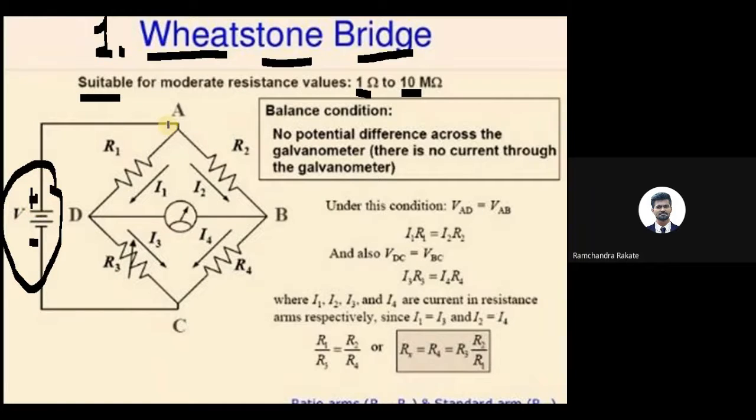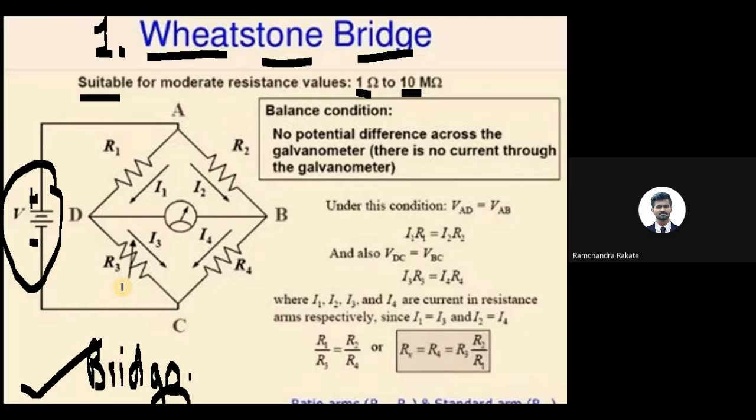The voltage source has been applied across some arrangement of resistances, and that is called a bridge. The arrangement of these resistances to form a particular bridge is nothing but a bridge circuit. Here we will compare the values of different resistances. This is one of the simplest and most basic bridge circuits used in resistance measurement.